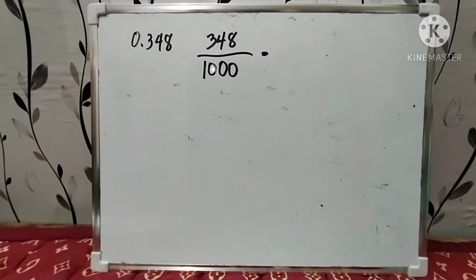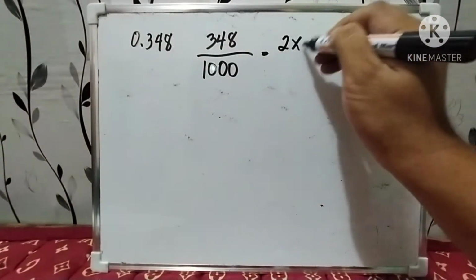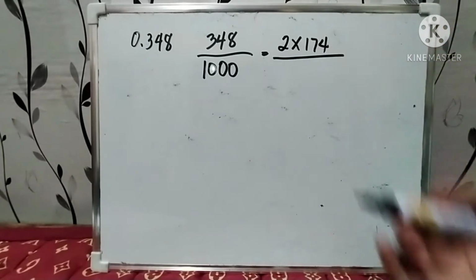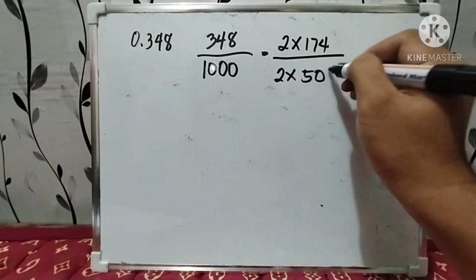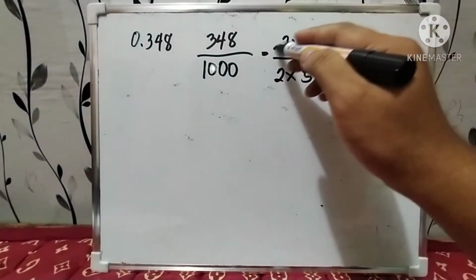Ito, kung medyo nahihirapan kayo sa paglo-lowest term, mahabang proseso yung gagawin natin. Depende sa inyo. So, yung 348 is divisible by 2. Ano ba siya? So, 2 times 174. Then, yung 1,000 is 2 times 500. So, we cancel out 2.